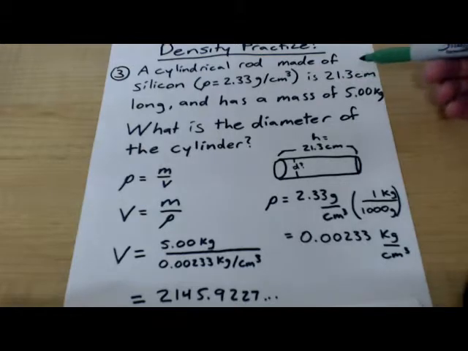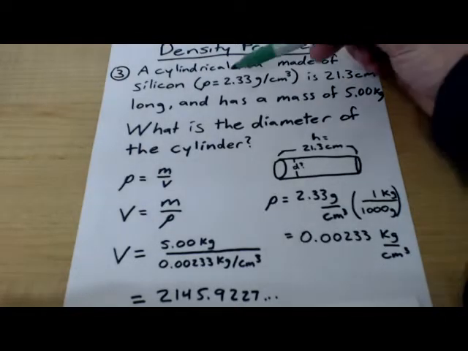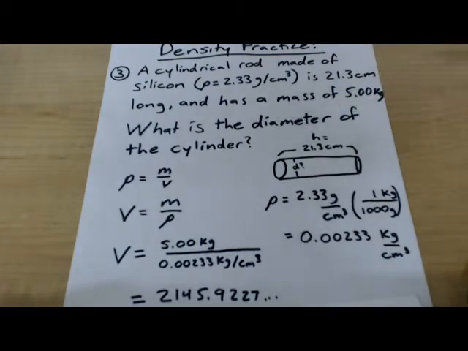Notice that all of our units in the problem have 3 sig figs. So we can just use 4 sig figs here just to be sure that we're not going to make any rounding errors, and simply round to 2,146 centimeters cubed.